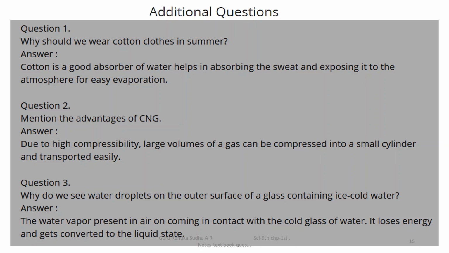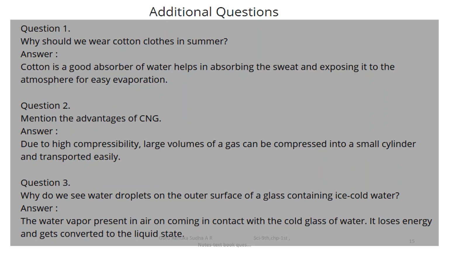Next question, why do we see water droplets on the outer surface of a glass containing ice cold water? You can answer that the water vapor present in the air, on coming in contact with the cold glass of water, loses energy and gets converted to the liquid state.